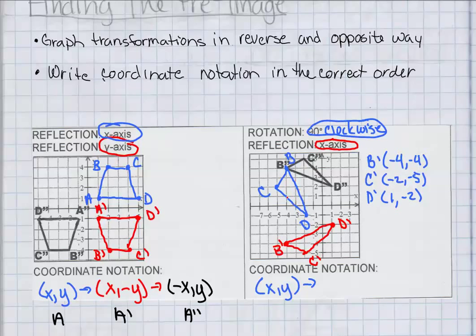So to go from this blue to this red is a counterclockwise rotation. And in order to do that, to get from C to this C, that was -5, 2. And this C is -5, 2. And then C prime is -2, -5. So my Y turned negative and my X stayed the same.